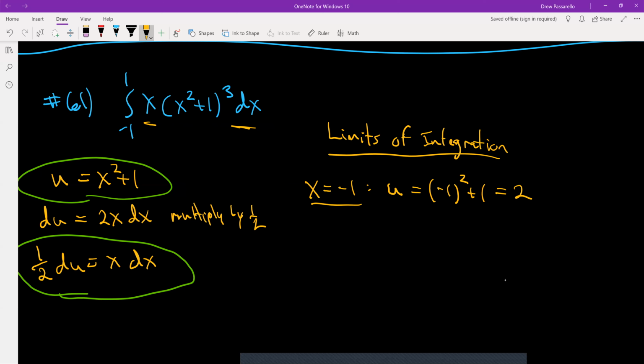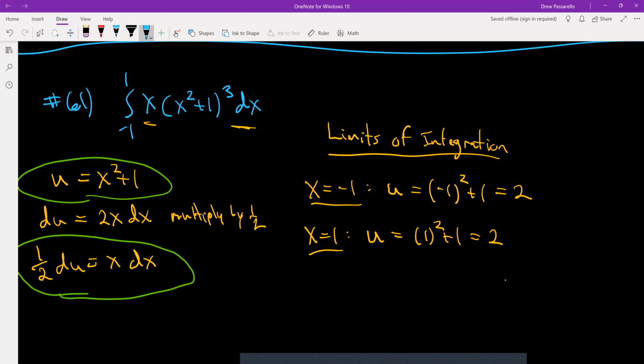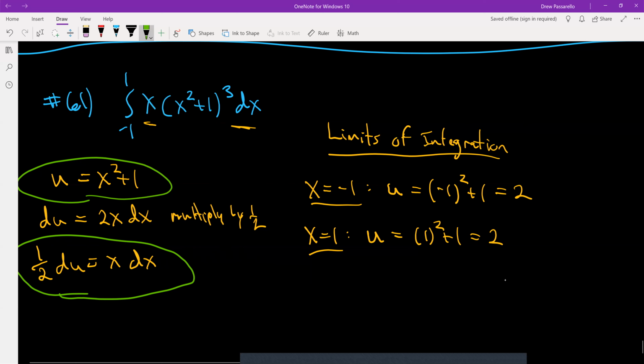And then changing the other one, you also get 2, because u is equal to 1 squared plus 1. So now I'm going to change the problem using my new limits of integration. They just happen to both be the same in this case.